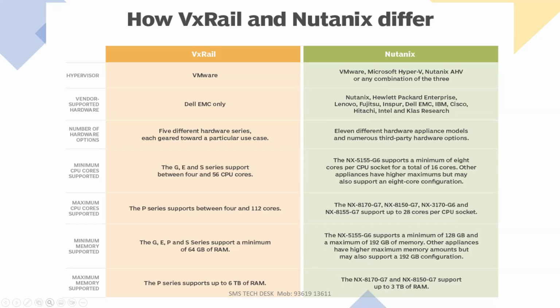We cannot use any other hypervisor OS, only ESXi. But in Nutanix, you can use Hyper-V, Nutanix AHV, or any combination of the three. So Nutanix hardware has flexibility, whereas you can use VMware, Microsoft Hyper-V, and Nutanix AHV.